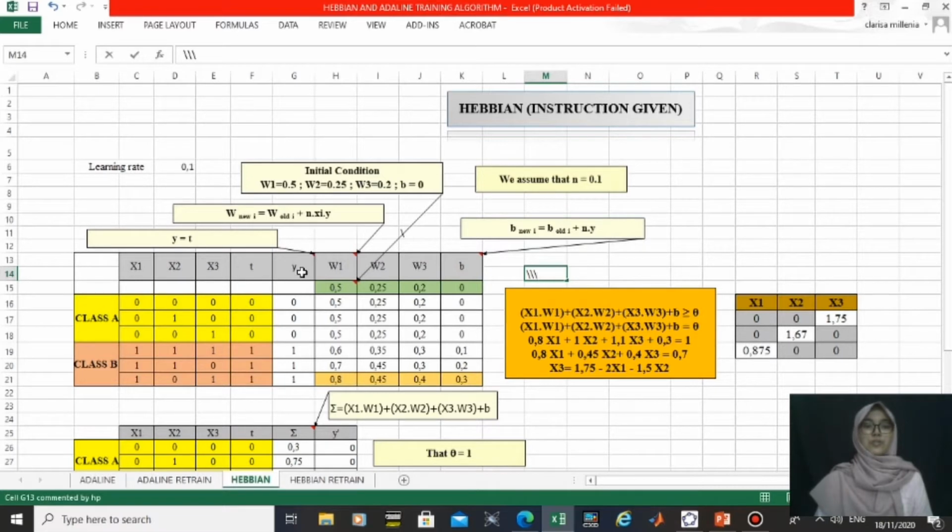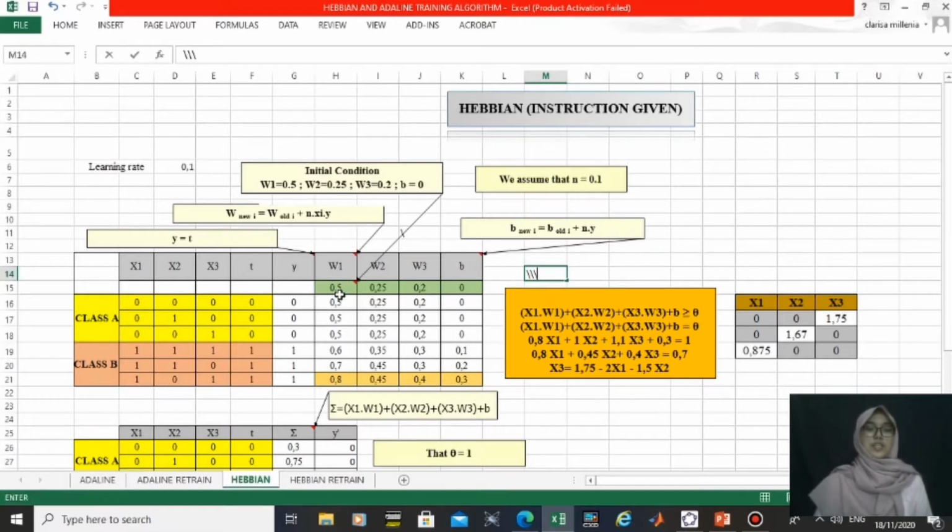If we want to get the value of y, we can use this formula: y equal to t. So if t is 0, then the value of y is 0. If the value of t is 1, then the value of y is 1 because of this formula.